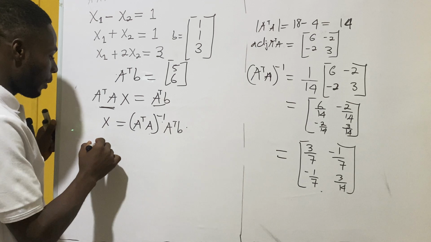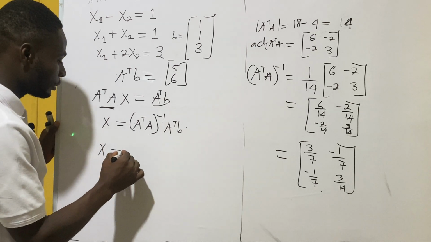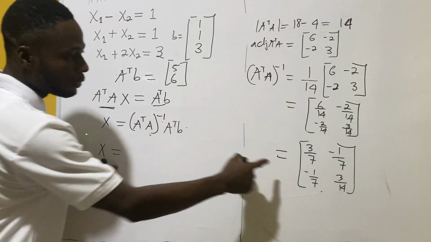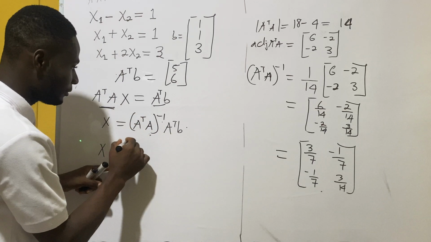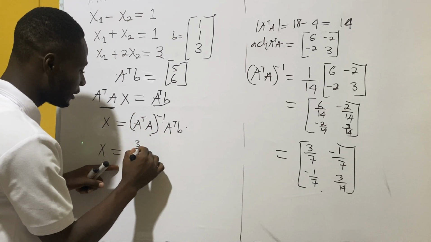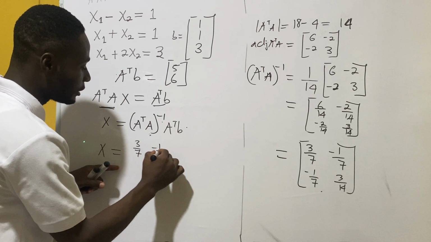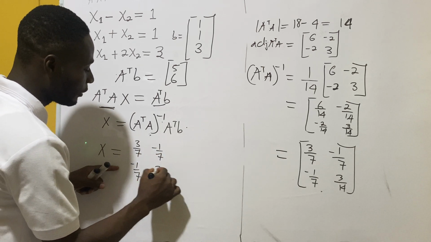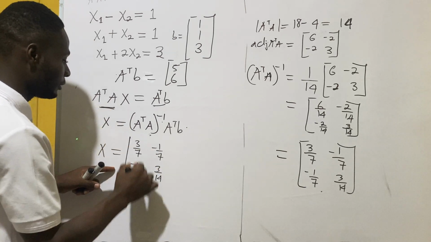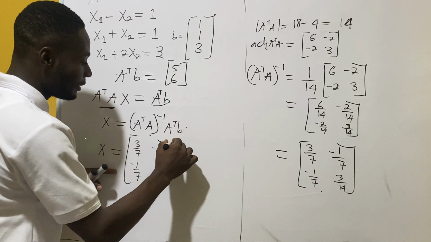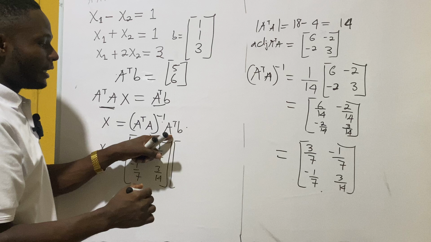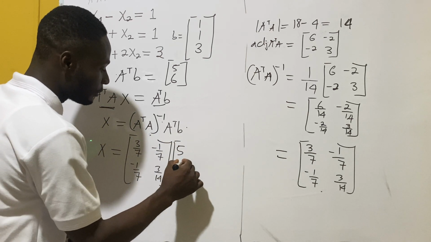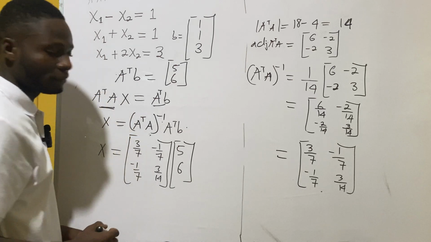So here our unknowns, x1, x2, is equal to this: 3 on 7, negative 1 on 7, negative 1 on 7, and 3 on 14, times A transpose times B, and that is 5 and 6, right?